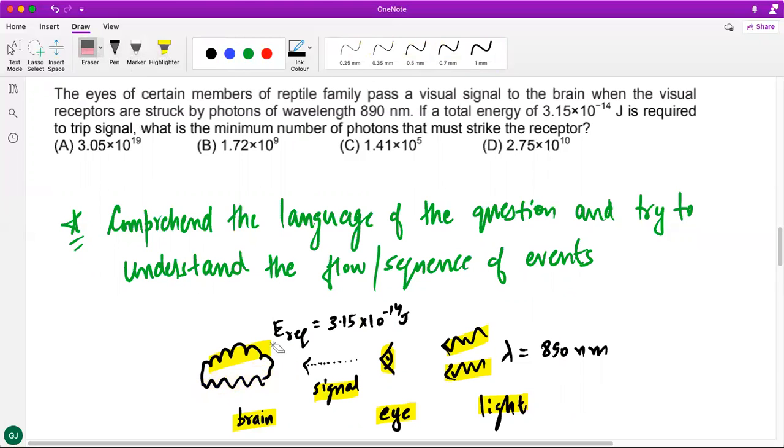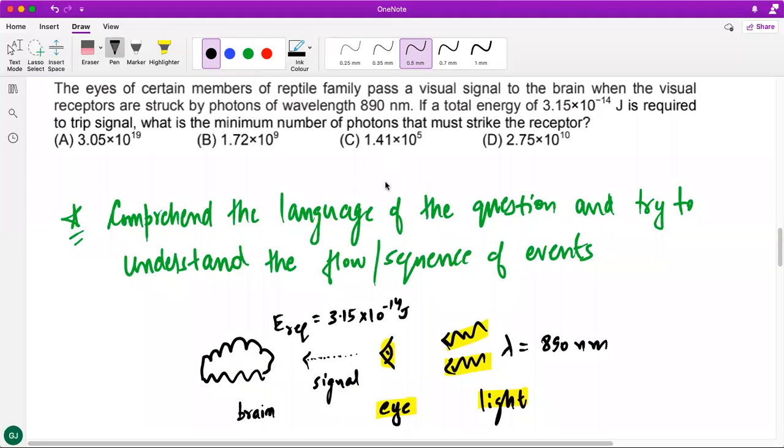Now, after comprehending the language of this question, next you try to understand how you can formulate the equation, right? So here, you notice that again the question lies around photons and counting of photons.